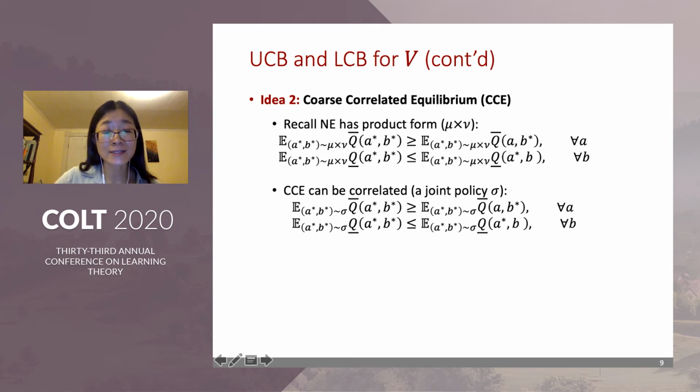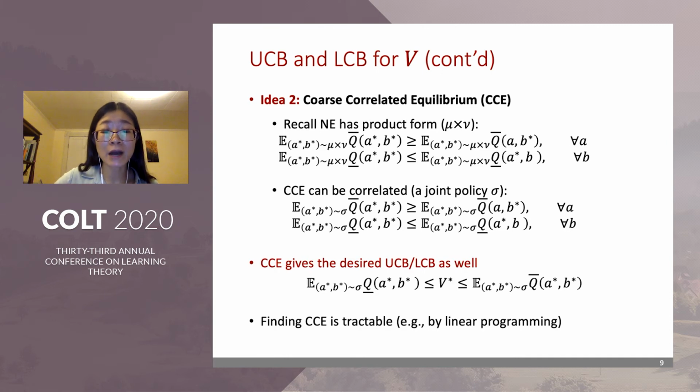In other words, in a CCE, the players choose actions in a potentially correlated way, such that no deviation is beneficial. It turns out that if both players play according to the CCE, the resulting value function also gives us valid UCB and LCB. More importantly, finding a CCE is tractable. For instance, we can solve for CCEs by linear programming.